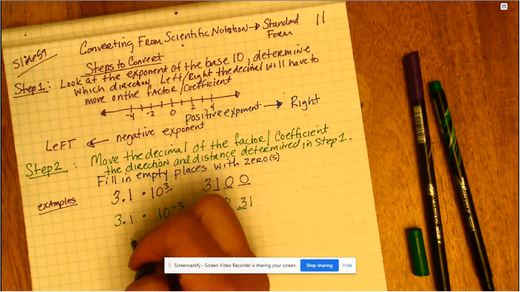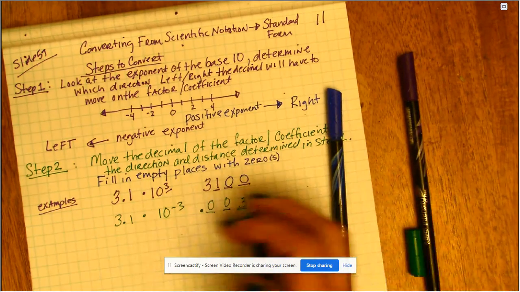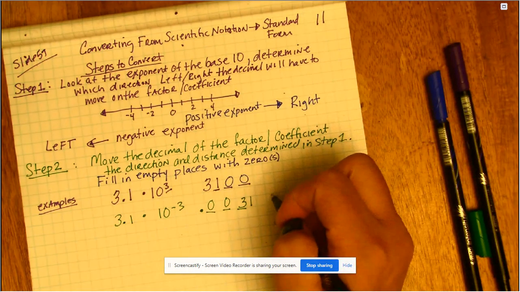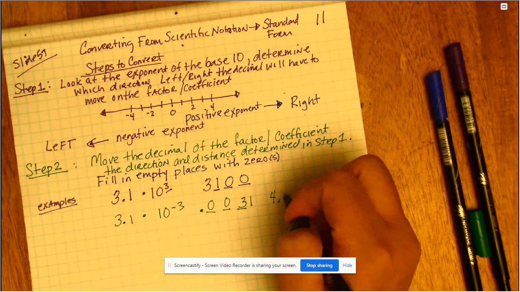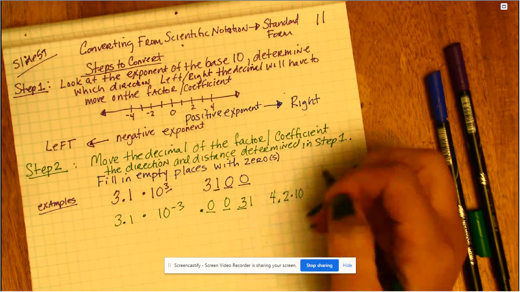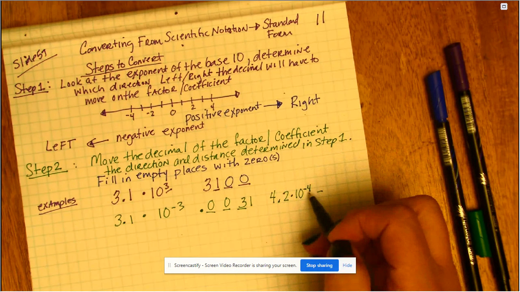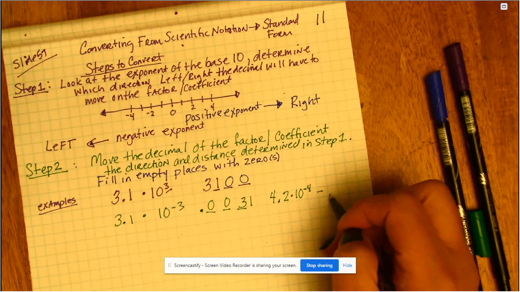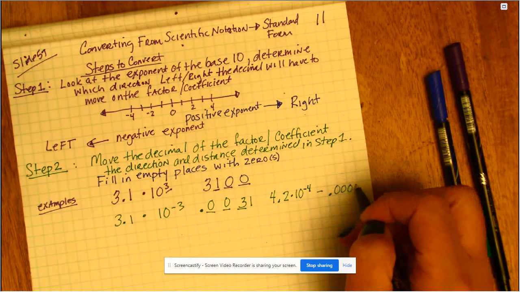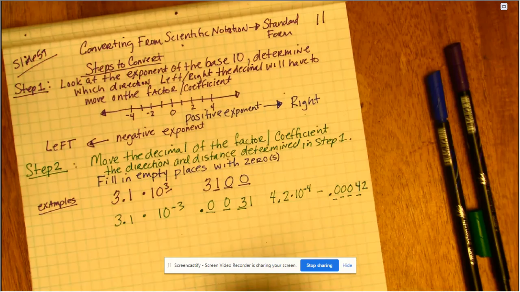So if I had 4.2 times 10 to the negative 4th, 1 less than 4 is 3, so I'd have 0.00042. 1, 2, 3, 4 spots.